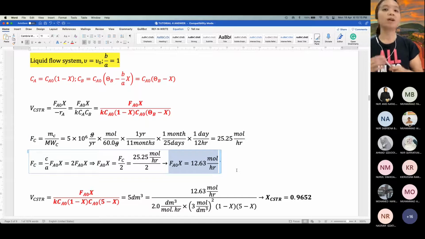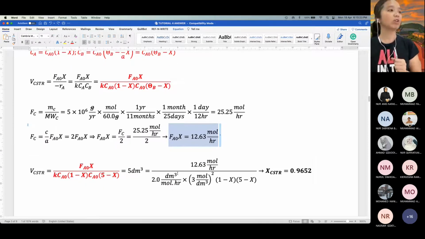Again, I repeat, you do not get FA0. You get FA0 X, 12.63.